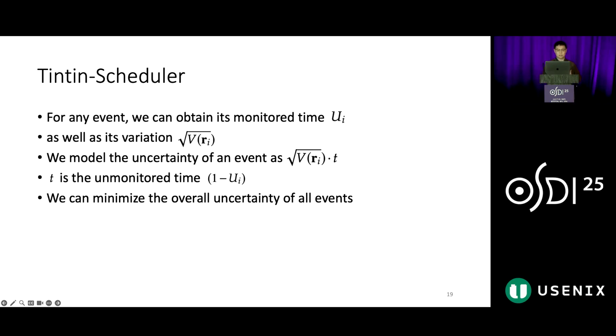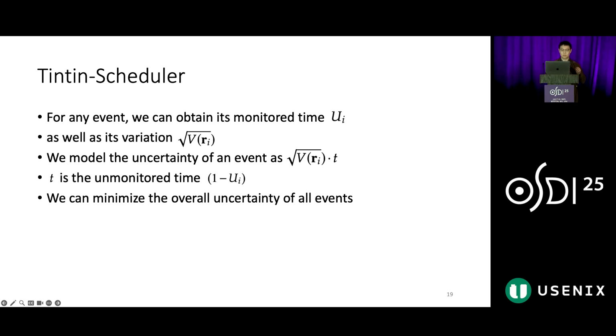Next is the scheduler. For each event, we can obtain two key pieces of information from the monitor: how long an event is being monitored and how much variation it shows. Using these two factors, we can model its measurement uncertainty.